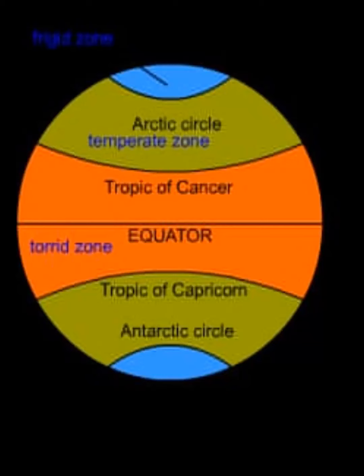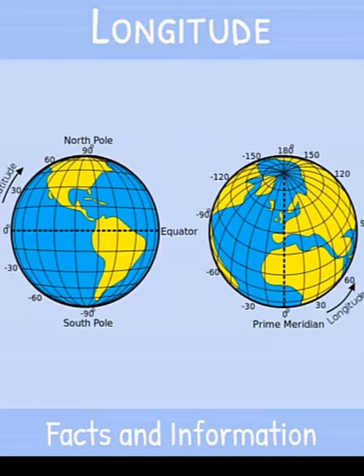Now next part, latitude gives us the location of a place north or south of the equator. Such a location is known as absolute location.